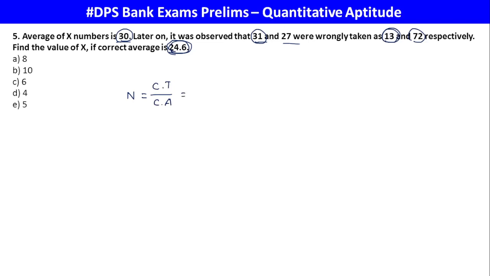Which is 31 place lo wrongly taken as a 13.